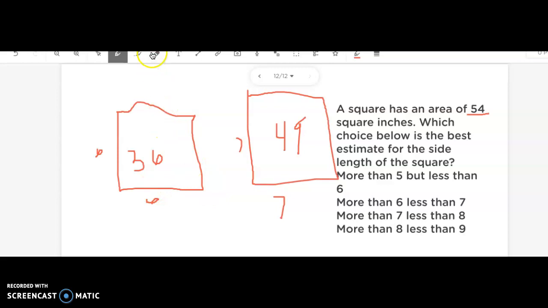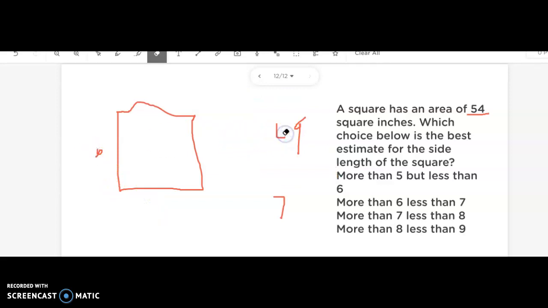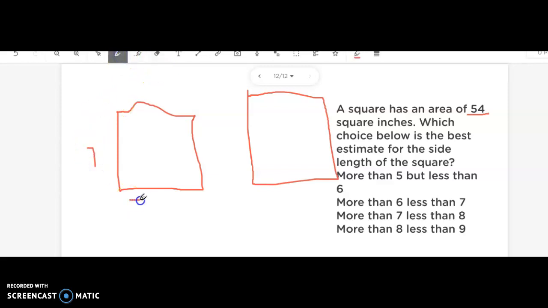Okay, so let's go to the next one. I mean, erase my square because I don't want to redraw it. More than 7 but less than 8. Okay, so we got 7 by 7, which is an area of 49.